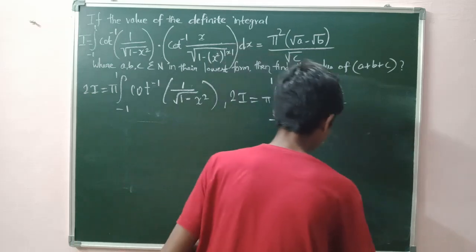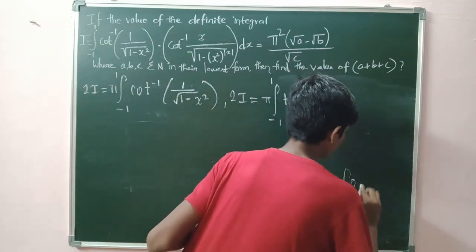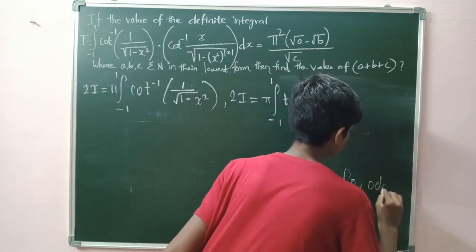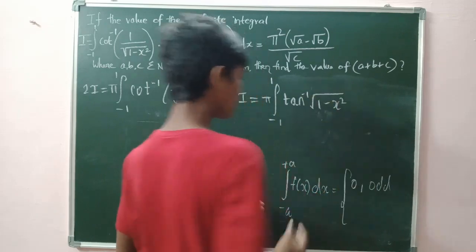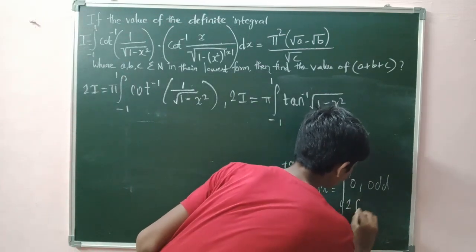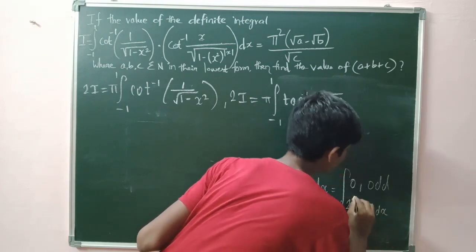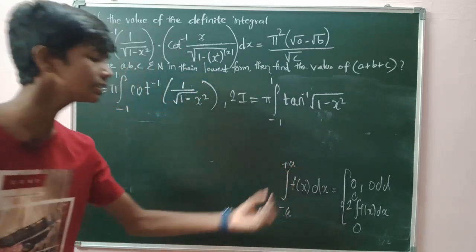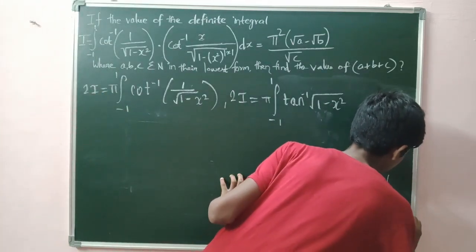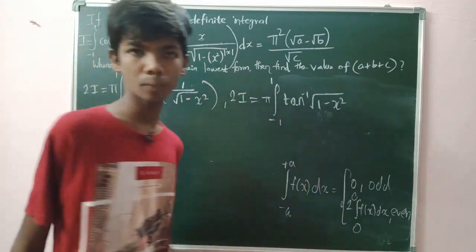This will be 0 if your f of x is an odd function. And this same integral can be written as 2 times integral of f of x dx, but the limits will be from 0 to a. Minus a to plus a will integrate as 0 to a if your f of x is an even function. If it's even, this format. If it's odd, it will be 0.